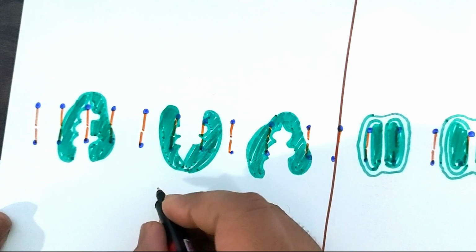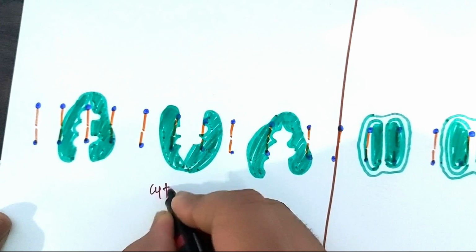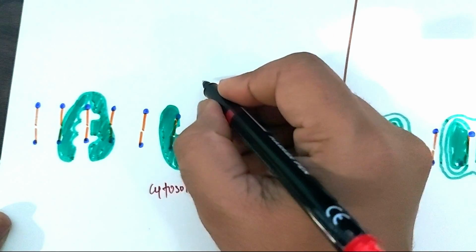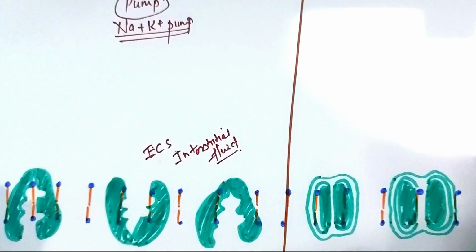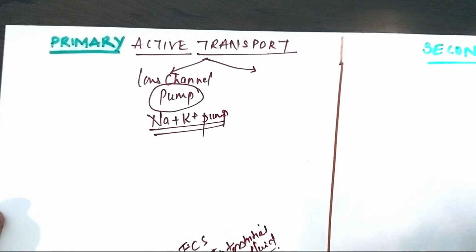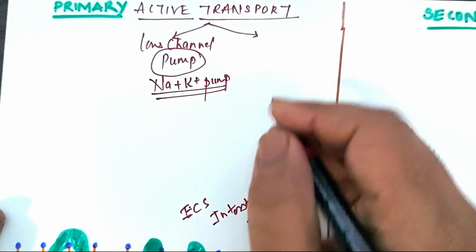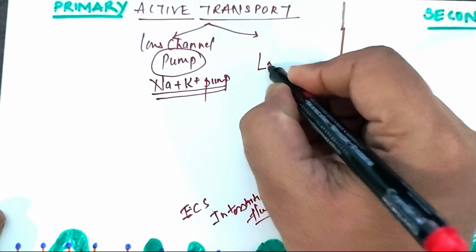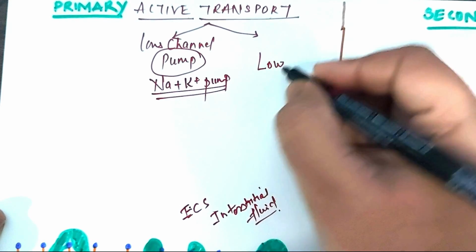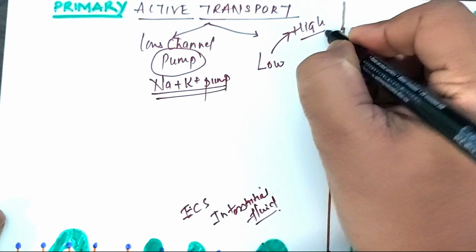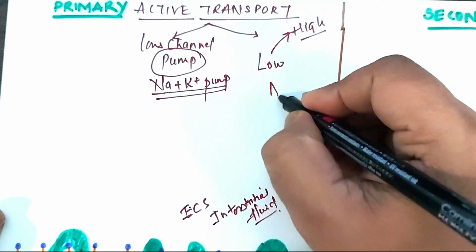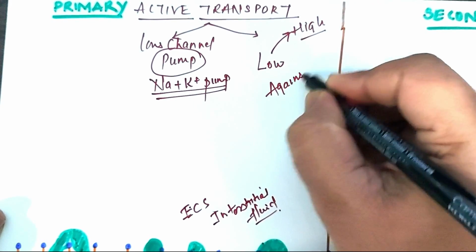Now, this is the inside of the cell, so you'll see the cytosol, and you can see this as the interstitial fluid. Active transport means it will go from low concentration to high concentration, against the concentration gradient.